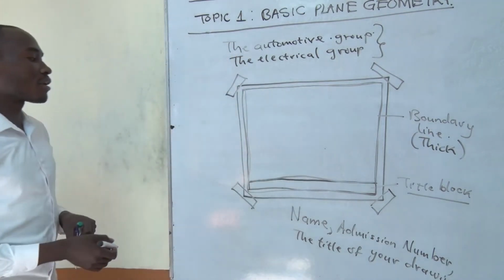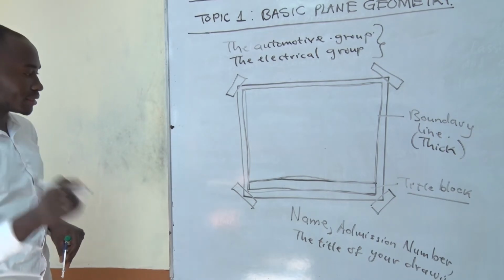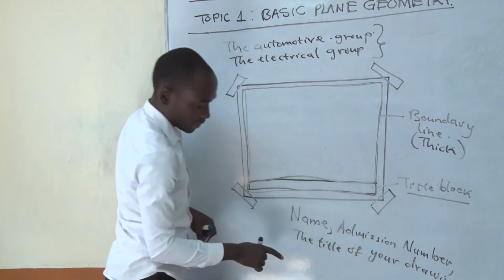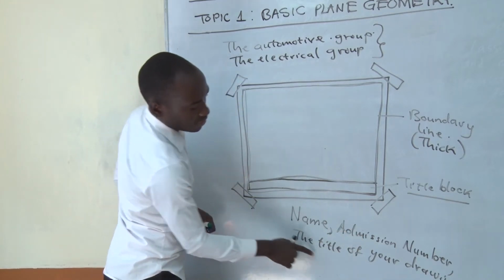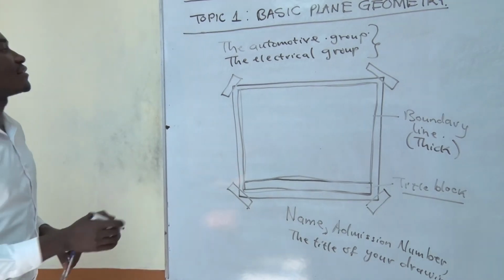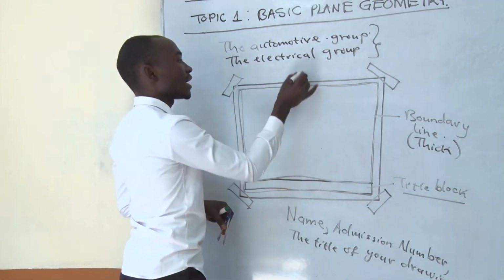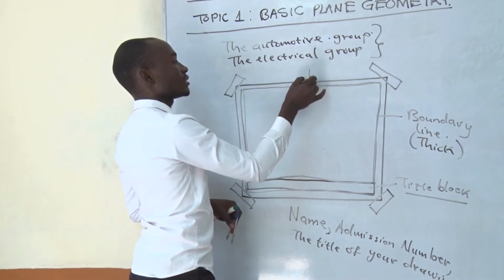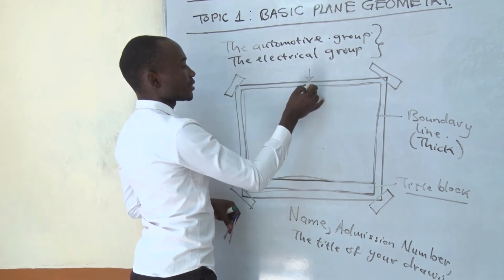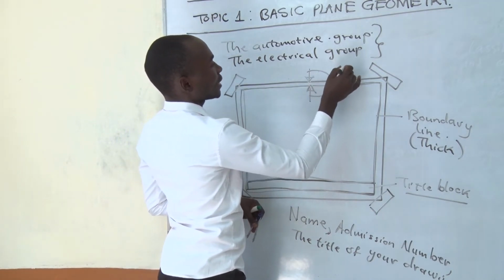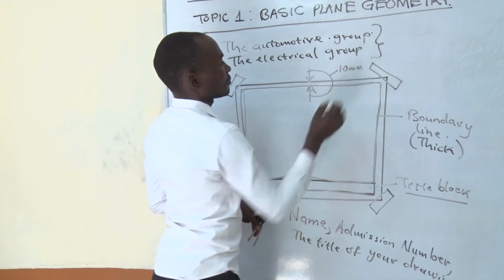In this title block, I've said you will write 3 major things: your name, your admission number, and the title of your drawing. And again, the distance from the outside up to this point should be 10 millimeters.